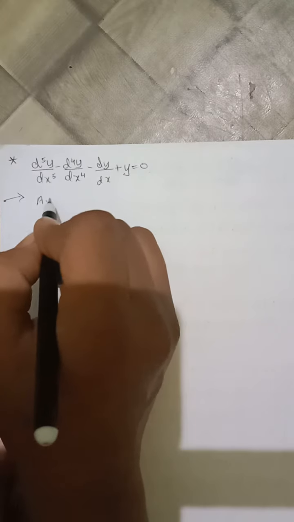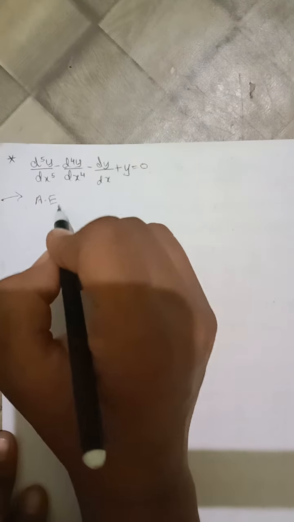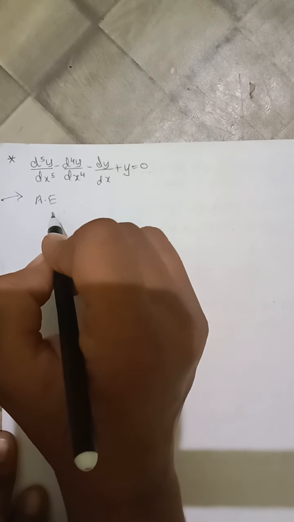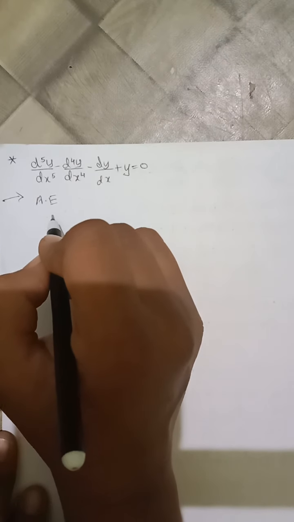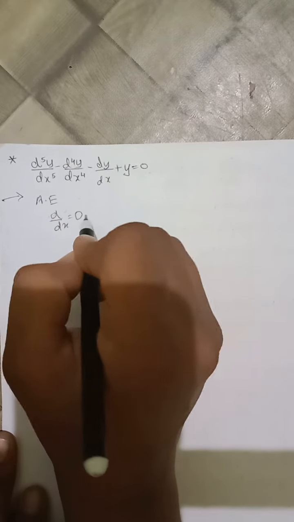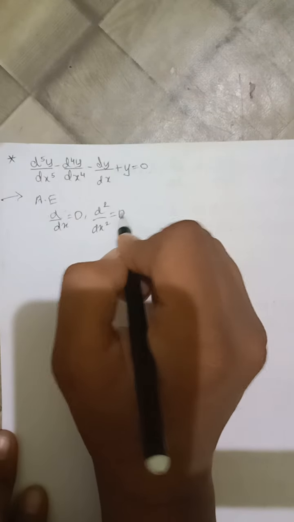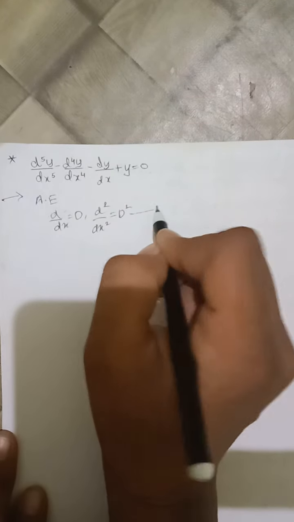So let us write the auxiliary equation. Or before that, you can use the operator D equals d by dx, D square equals d square upon dx square, and so on.